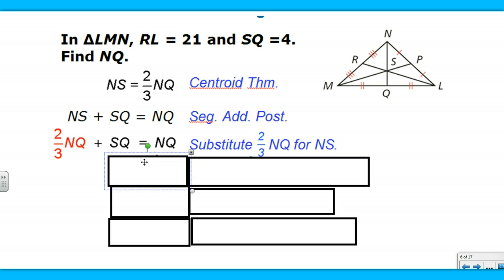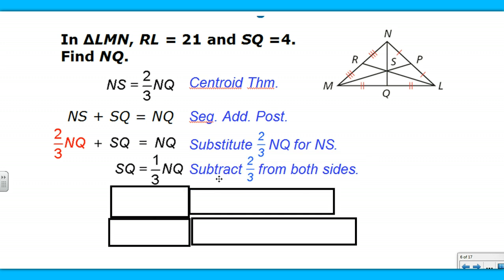And so what can we say now? We could plug in something else, couldn't we? We can say that SQ equals 1/3 of NQ. And I guess what has happened here is what? Subtracting 2/3 from both sides, right? And so subtraction property of equality.